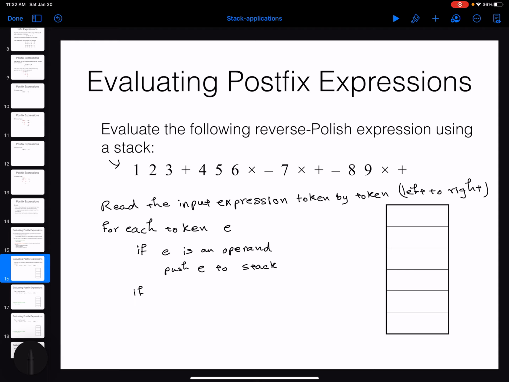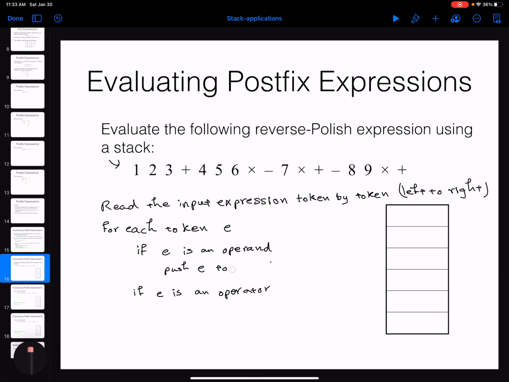If E is an operator, you have to apply two pops from a stack.